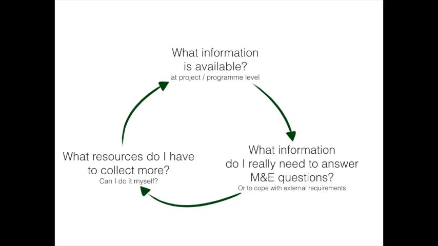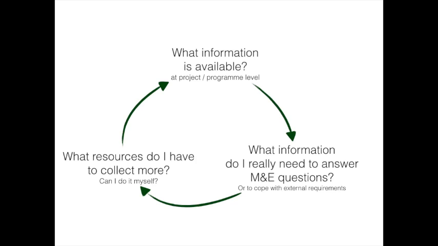First, what information is available? And when I mean available, it means within your program, especially. If your program is composed of many projects, you should be sure to know what is available at project level, or what could be available if you would negotiate and discuss with the project managers to get that information.